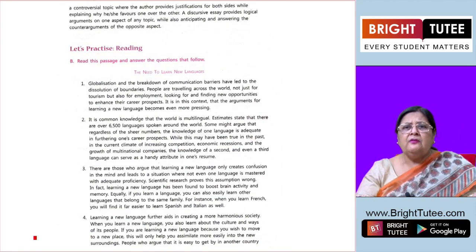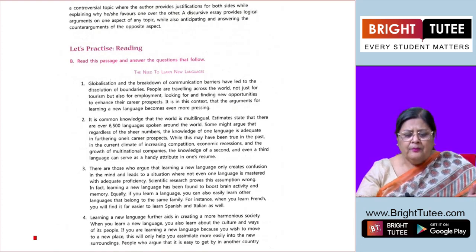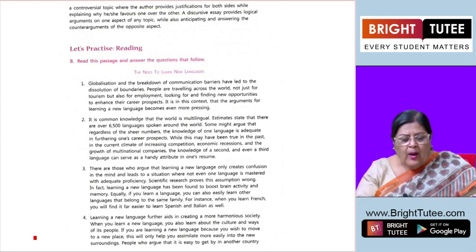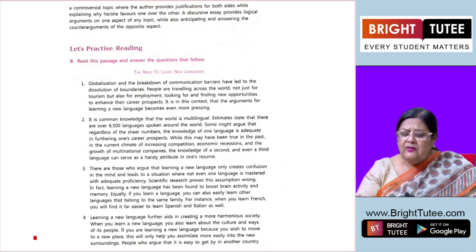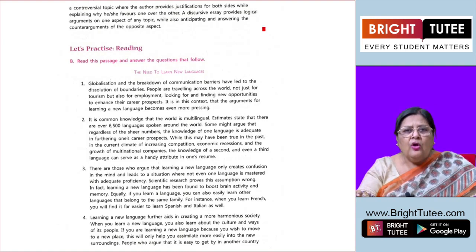Controversial topic means where there is a debate, like yes and no. A topic where the author provides justification for both sides. It can be yes, it can be no. While explaining why he or she favors one over the other, a discursive passage provides logical arguments. Obviously, it is a debating argument. You have to debate on the basis of that. That is what is known as a discursive passage.